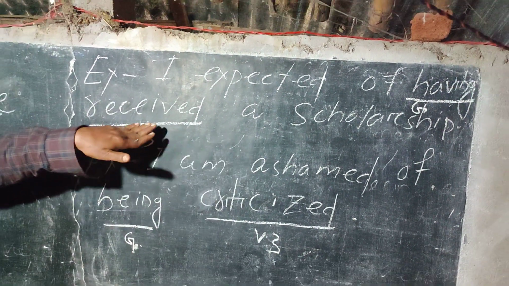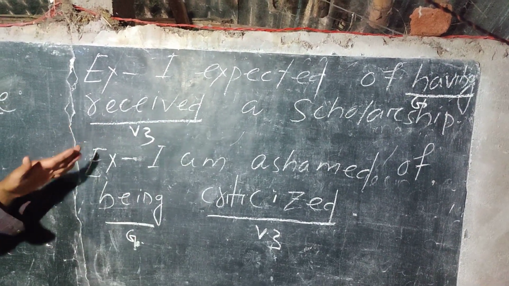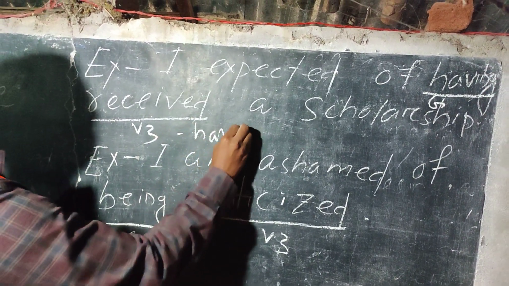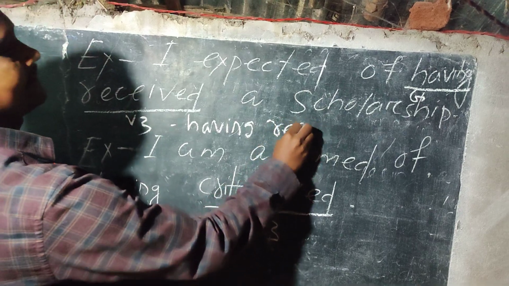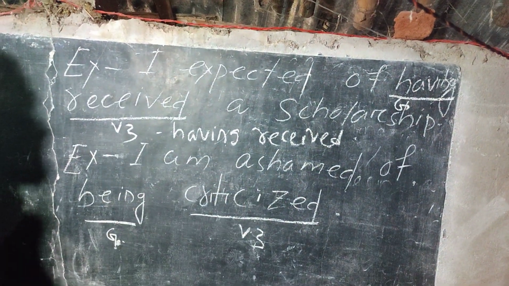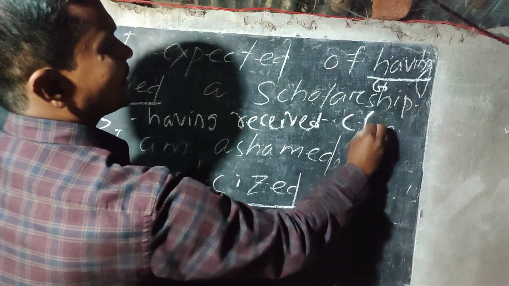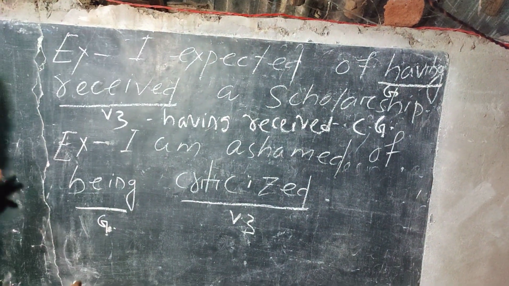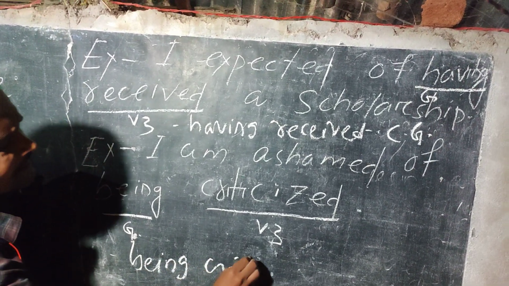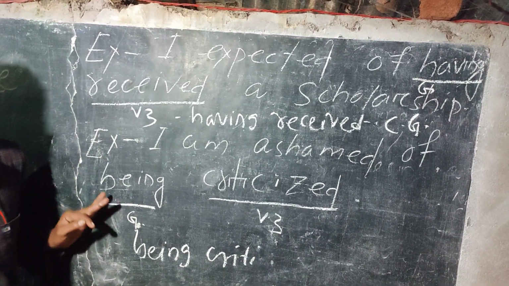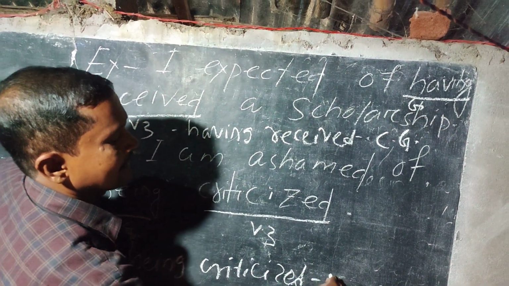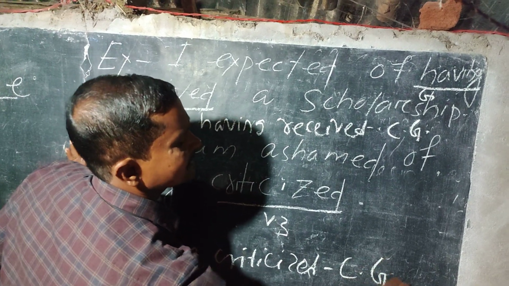And in this way, having received is known as compound gerund or CG. And here, being criticized is known as compound gerund or CG.